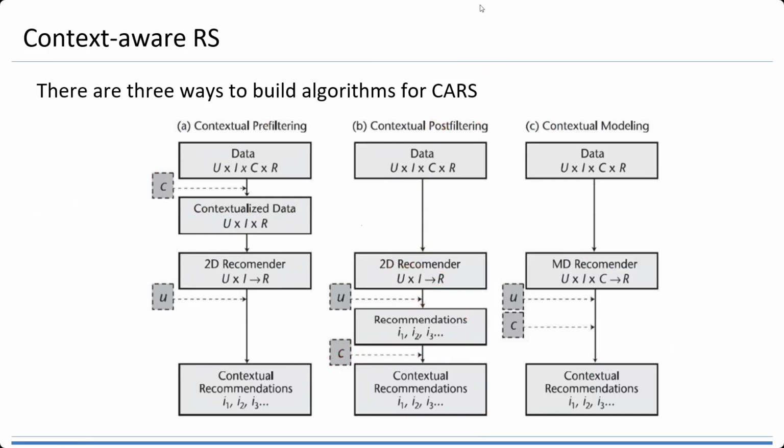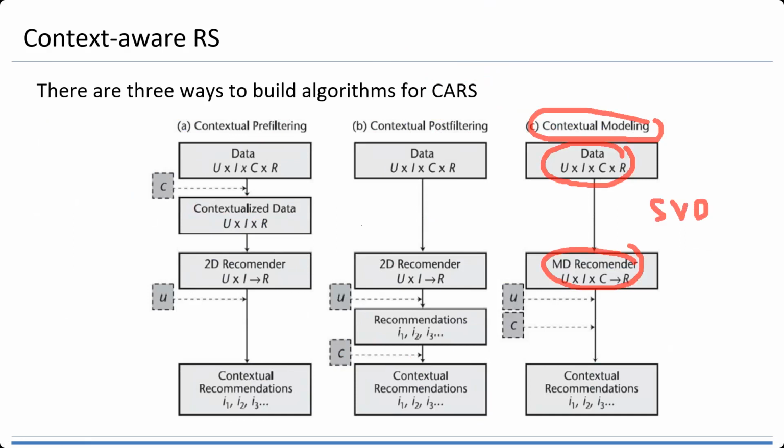There is another method, we call it contextual modeling. In the contextual modeling, we have the data, and then we create the model. So what is the model? The model can be anything. The SVD.